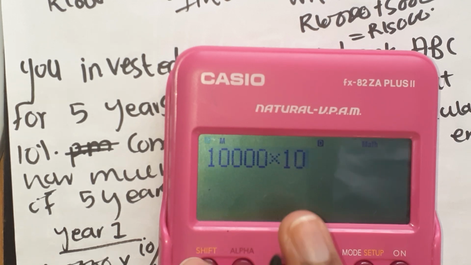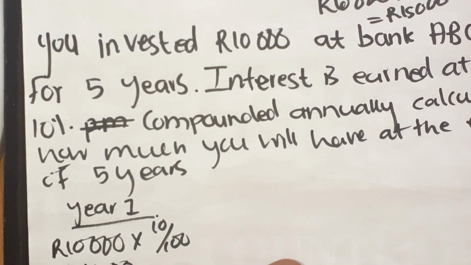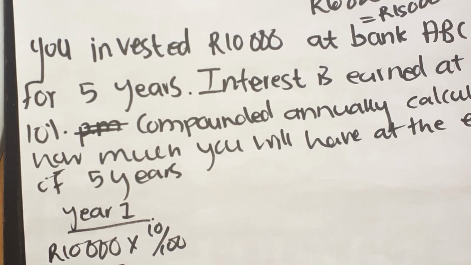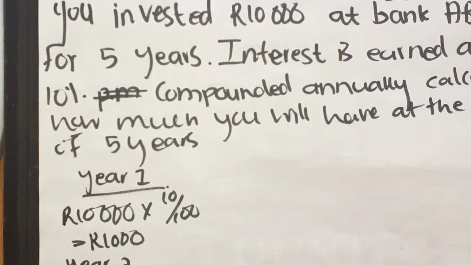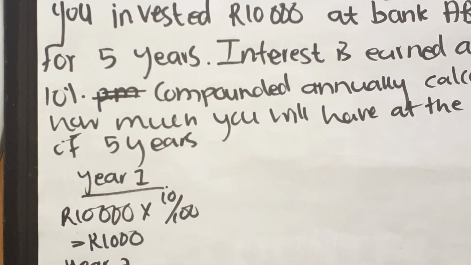Yes, 10%, that will give you 1,000 rand. And then for year 2, you say 10,000 rand plus the 1,000 rand you got last year. That will give you 11,000. So we take this 11,000 rand and times it by 10% to get the interest for this year.